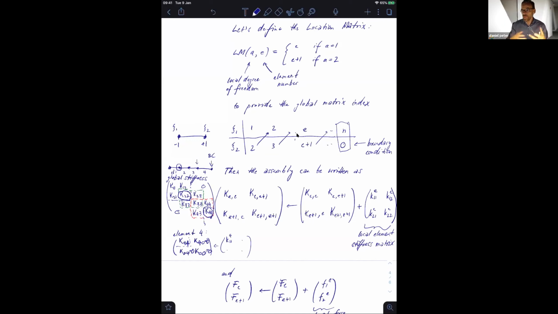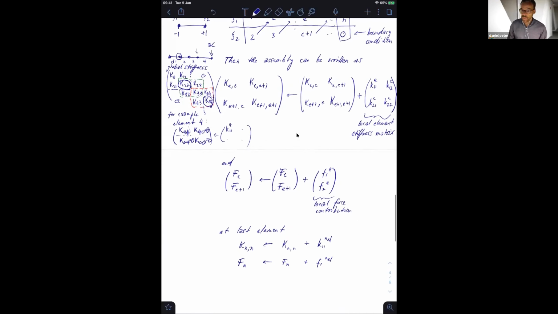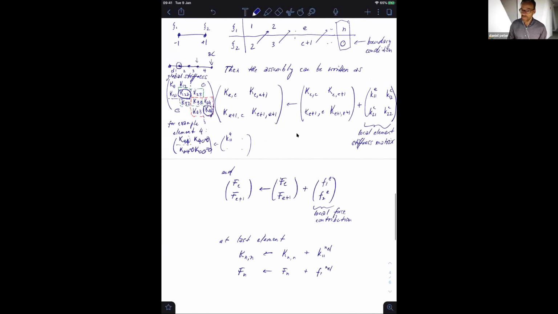It's just trying to put this into a machine language or an algorithmic language, which makes it possible to easily write it down such that we can update the global stiffness matrix. The same is for the force vector, the force contribution.